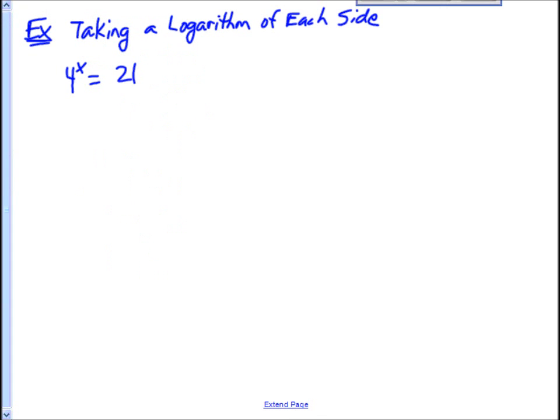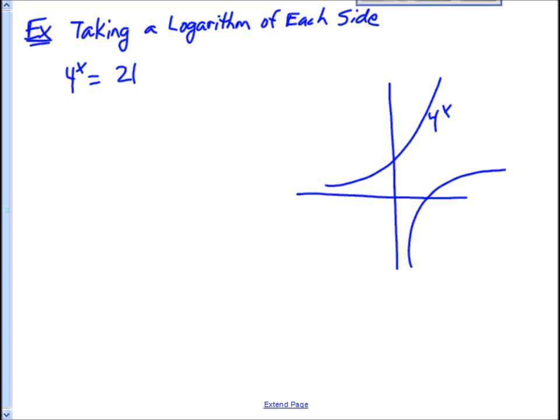Now, taking a logarithm of each side here. You obviously can't write 21 as 4 to some power, because 4 squared is 16, 4 to the third is 64, so you jump over that 21. So what you're going to do here is undo 4 to the x, again, with its inverse, because you know the inverse of 4 to the x is log base 4 of x.